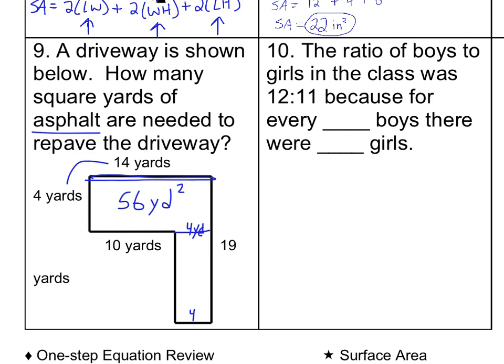So this is obviously not to scale, but this is a 15 times 4, which is 60. So we have 60 plus 56, which is going to give us 110 plus 6, so 116 yards squared is the area, and that's how we can figure out how much asphalt we would need.